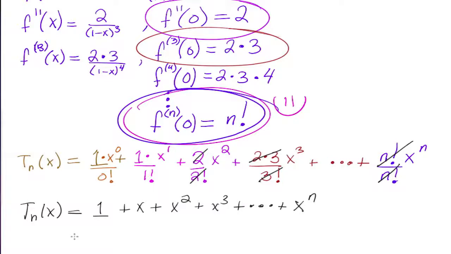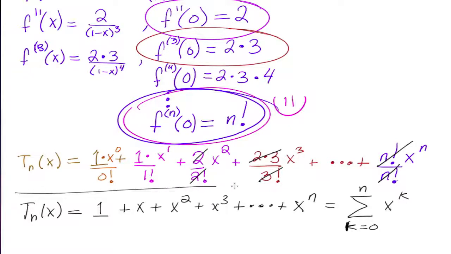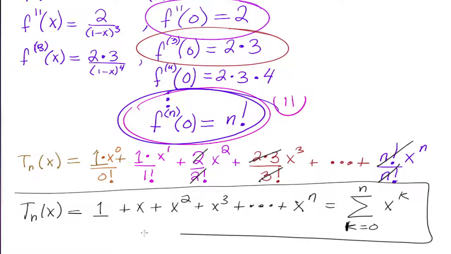So that's it. And if you want to write it as a sum, let's write it as a sum just for fun. This is equal to the sum from k equals 0 to n of what? I just have x's raised to a power, so it would be x to the k. So this is the general formula.